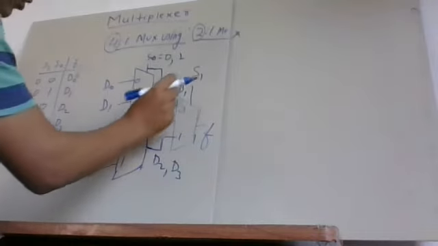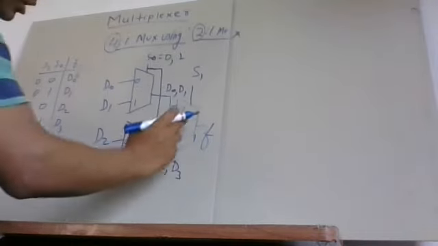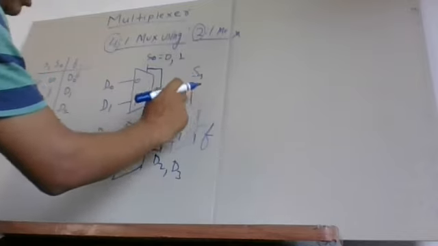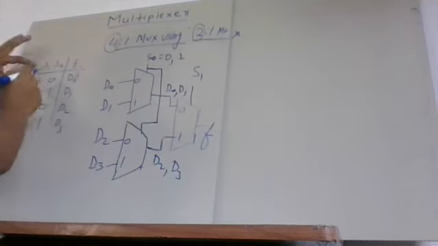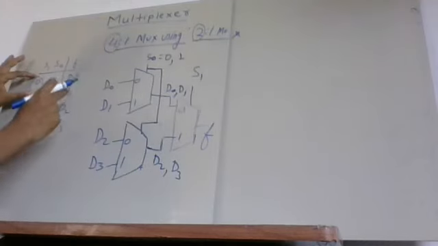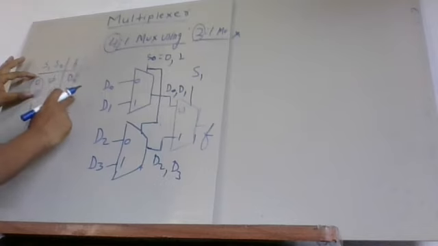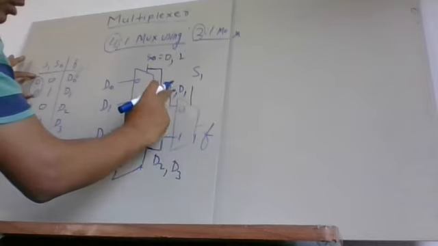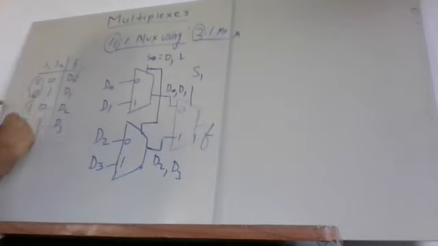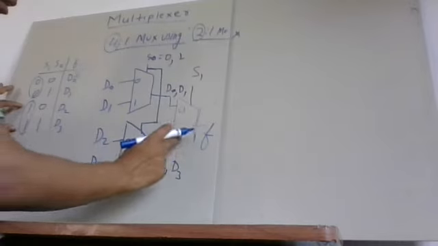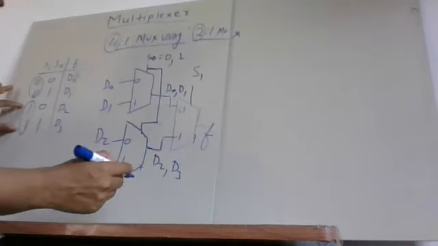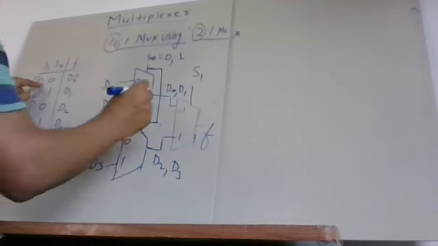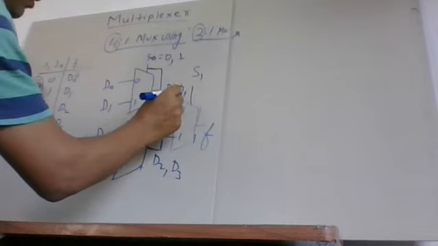But out of D0, D1 and D2, D3, which one will go to the output? It is decided by bit S1. So when S1 is 0, output is D0 or D1. This output will be transferred. And when S1 is 1, the lower D2, D3 will be transferred. When S1 is 0, out of these two, one will be transferred.